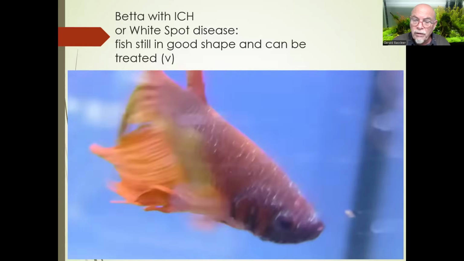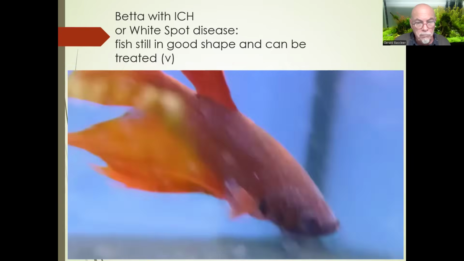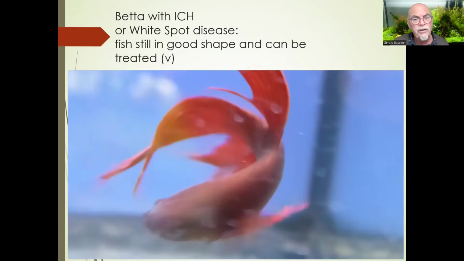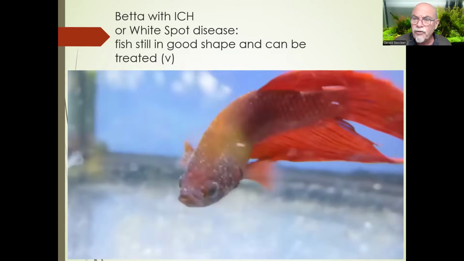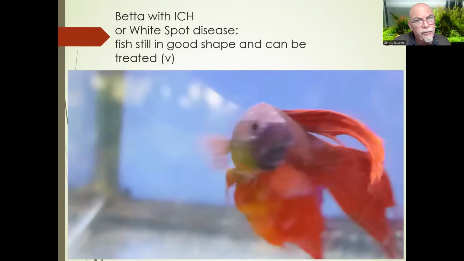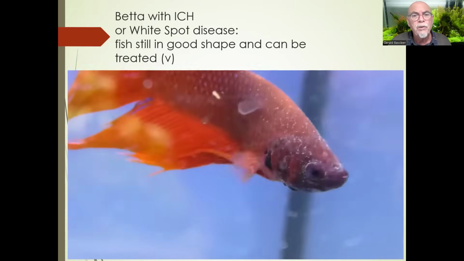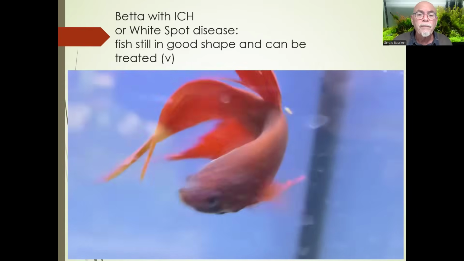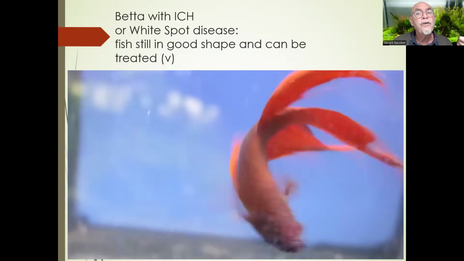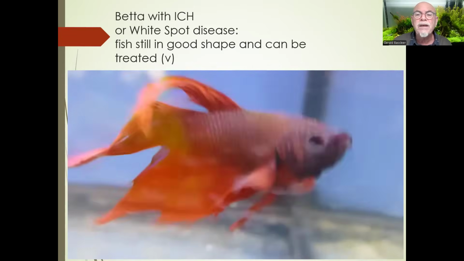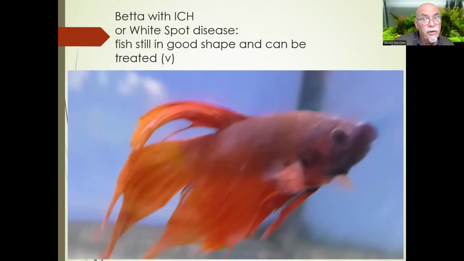The fish here has white spots, many, but you can see it's still active, still in good shape. So you detected it on time, and that's when your treatment will be more effective, because your fish is healthy. Fish can accept medication, because the medication is also stress on the fish.